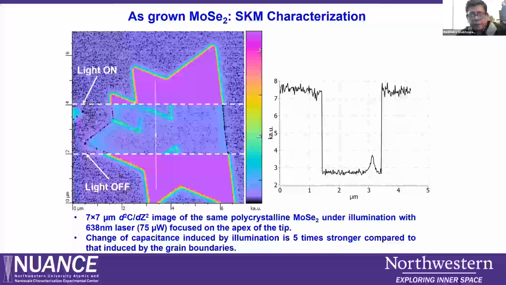In this case, it uses a lift mode and turns the feedback laser off. You take a topography, turn the feedback off, then scan and you can get the image. That's called the dark lift. Basically, you also don't have any interference from the laser used for feedback, and these are the Raman lasers. So you have all options available to ensure that you can get good quality data without the interference of the lasers.